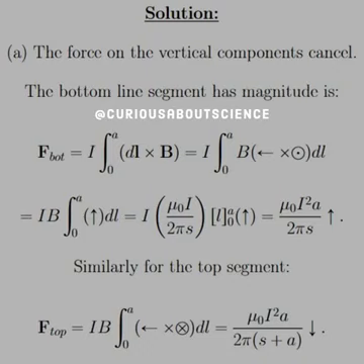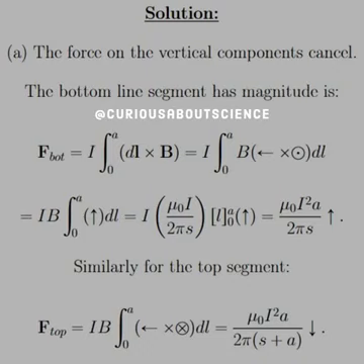If we do that same argument for the top segment, we have the line segment running from right to left, leaving us with the left arrow, and then we have that the field goes into the page. So again, according to the right-hand rule, that would result in a downward-facing arrow.